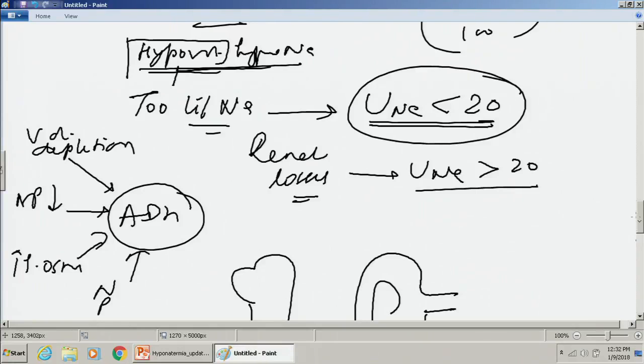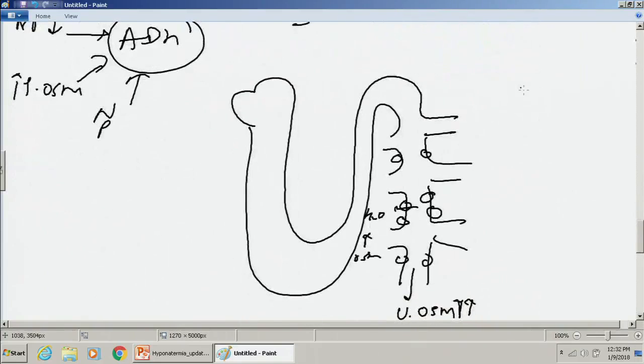Okay? Now, when this person develops hyponatremia, then we come in the picture and we want to treat this patient not with bottled water, but with normal saline, because he had too little sodium in the body, right? So we start giving this person normal saline. The next thing is we volume replete this person, and then his blood pressure normalizes, his volume becomes normal, then the stimulus to the ADH goes away.